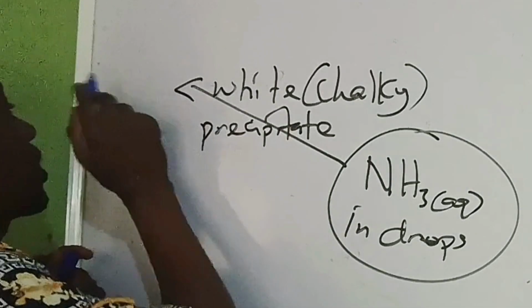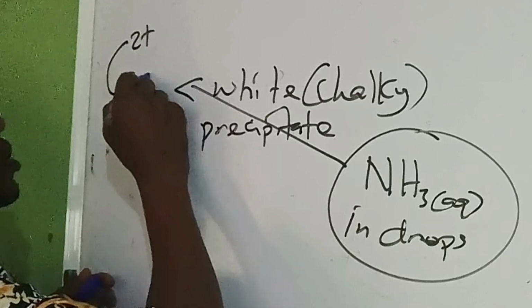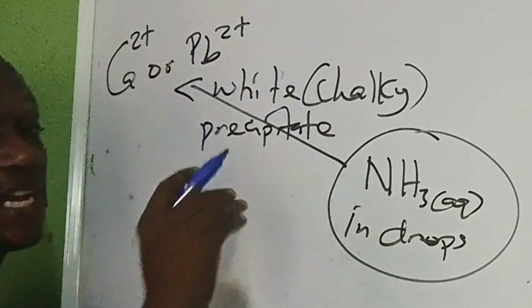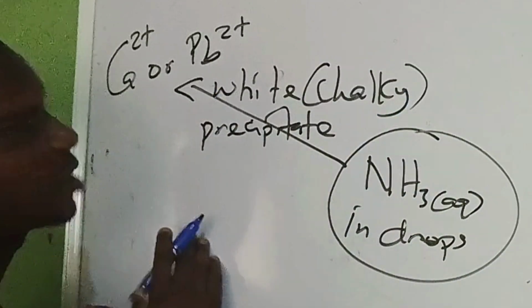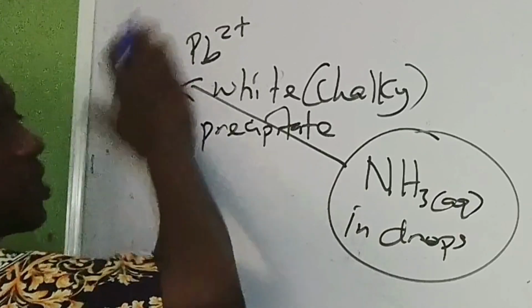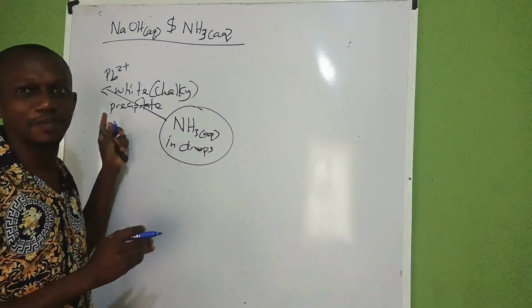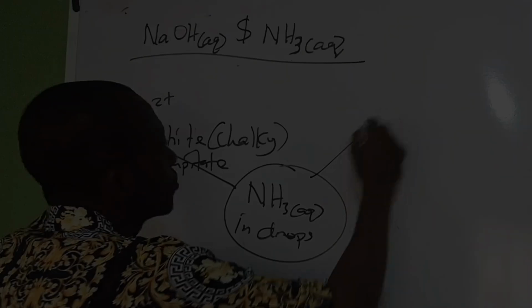Two things. What are they? They are Ca2+ or Pb2+. That's for sodium hydroxide. But for this aqueous ammonia, once you observe a white chalky precipitate, it will show no visible reaction for calcium. So it is only lead, Pb2+. That's one thing. Let's go to another thing, please.